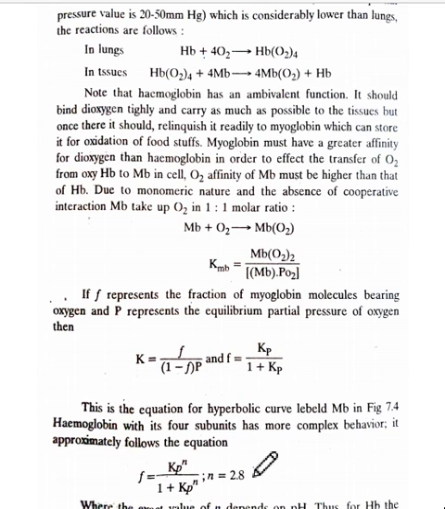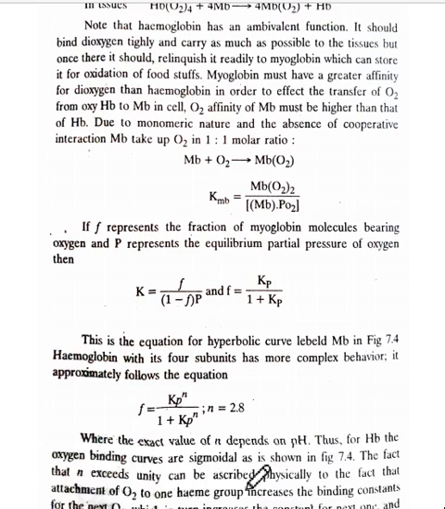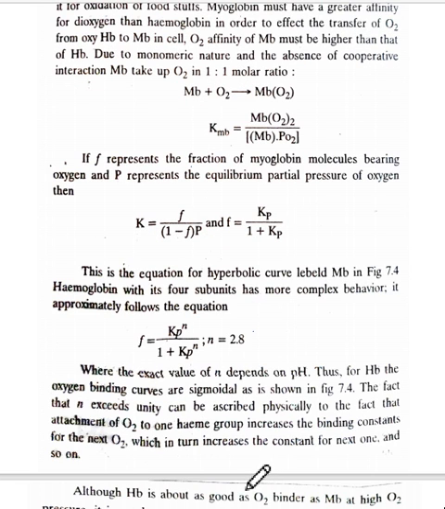We will see this. Hemoglobin with its 4 subunits has more complex behavior. It approximately follows the equation F is equal to (KP)^n upon 1 plus (KP)^n, where n is equal to 2.8, where the exact value of n depends on pH.